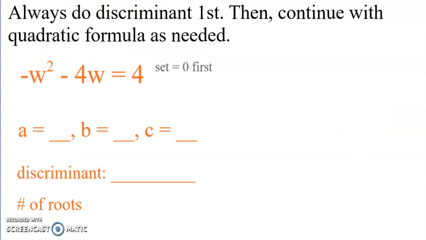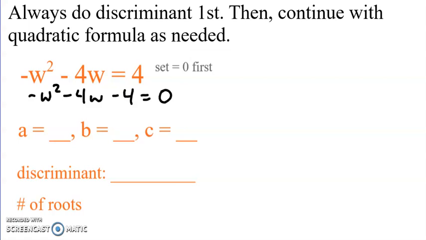All right, another example here. We have to subtract that 4 over to the left side to get it equal to 0. Recall that when we complete the square, the way this equation is set up, we're good to go. But with the quadratic formula, we need everything on the same side.